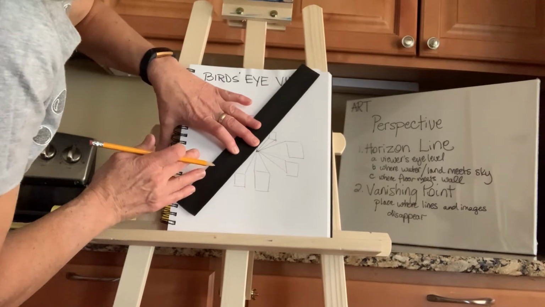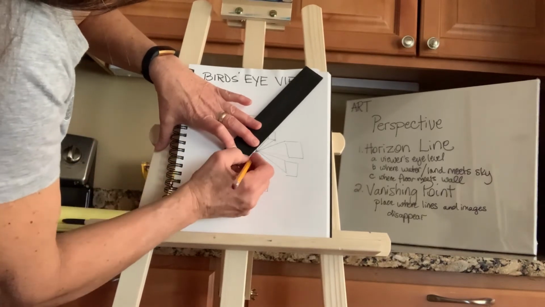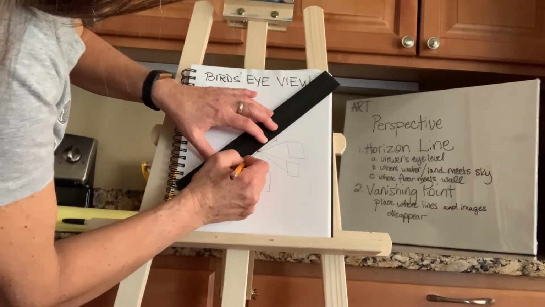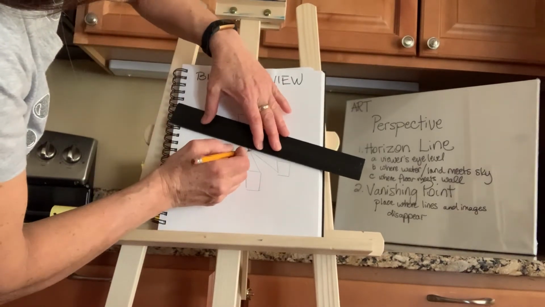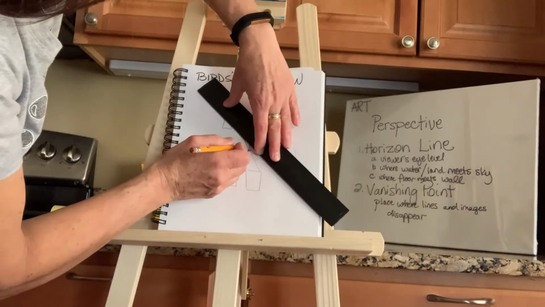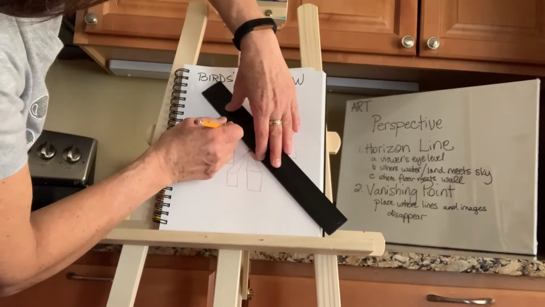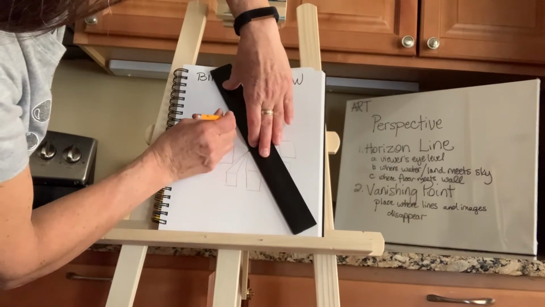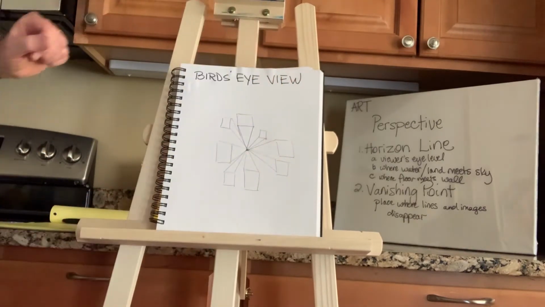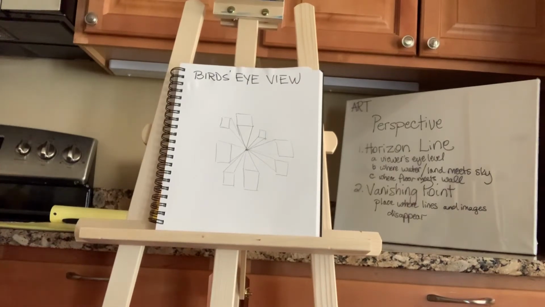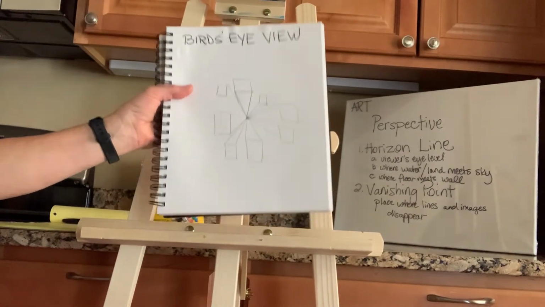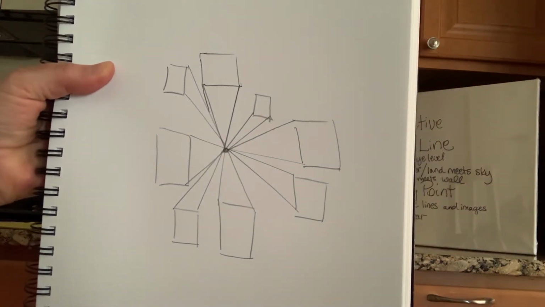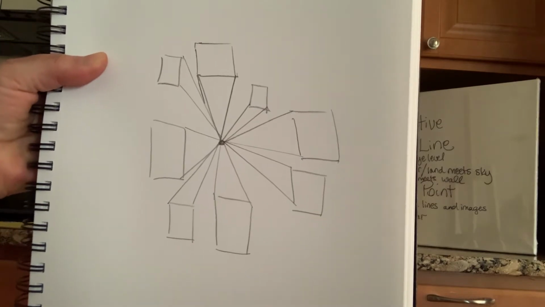So basically, you have 8 squares, you're going to have 16 lines. Okay? All right, can y'all see that? So you have basically all these lines coming out from the center dot.